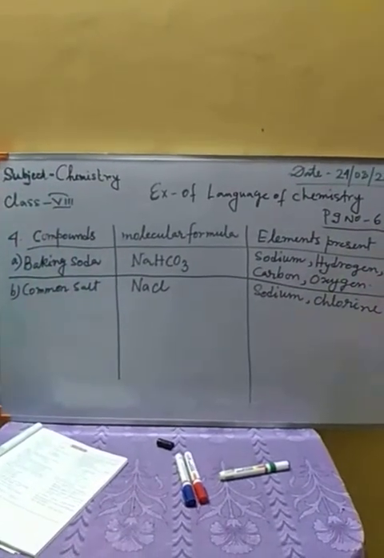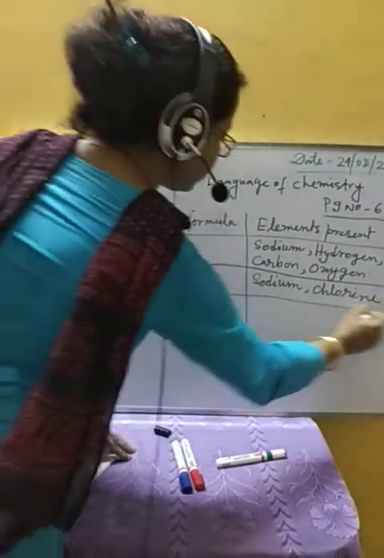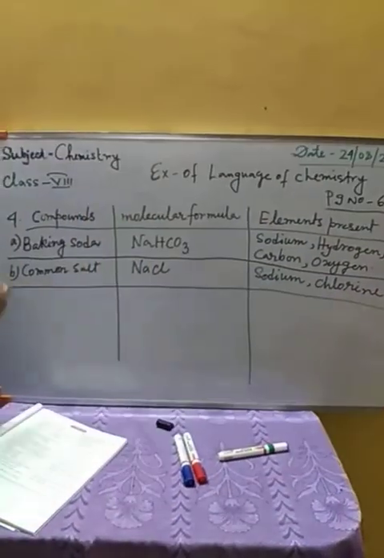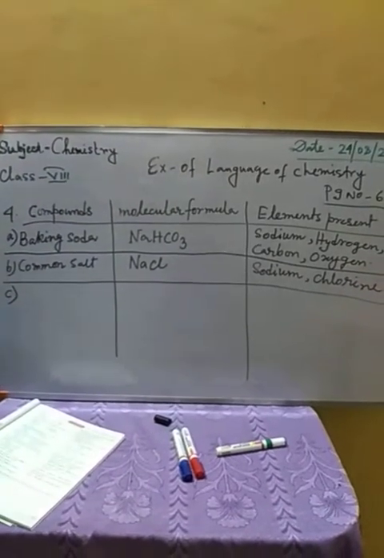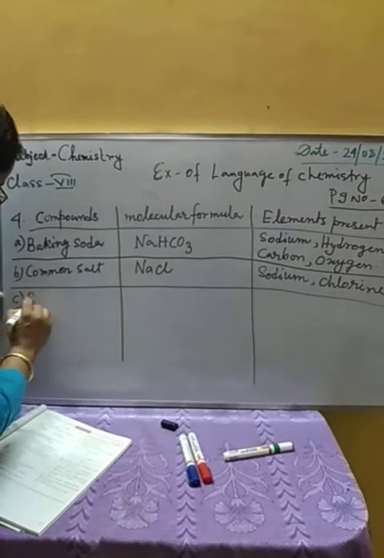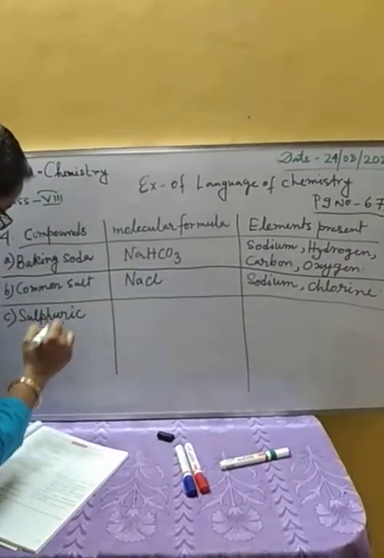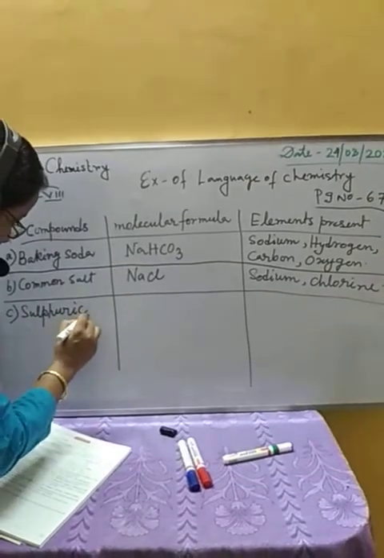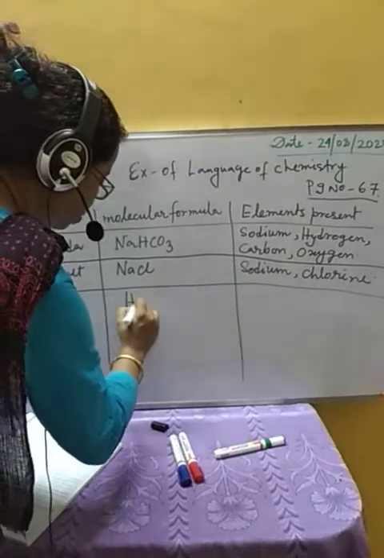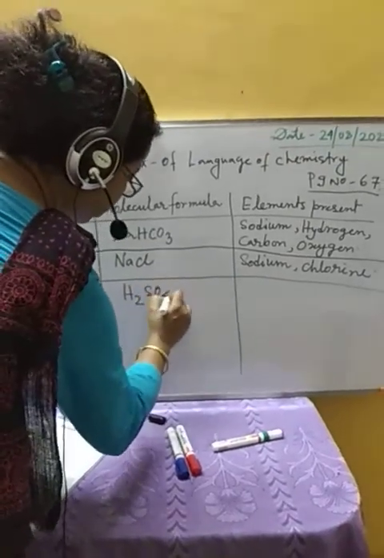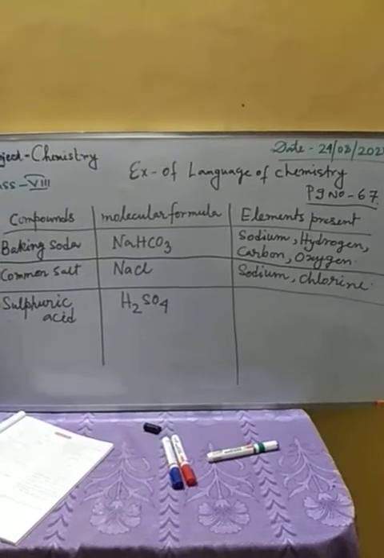Okay, next, number C, sulfuric acid. So its molecular formula we know, H2SO4. This is a very strong acid, sulfuric acid.